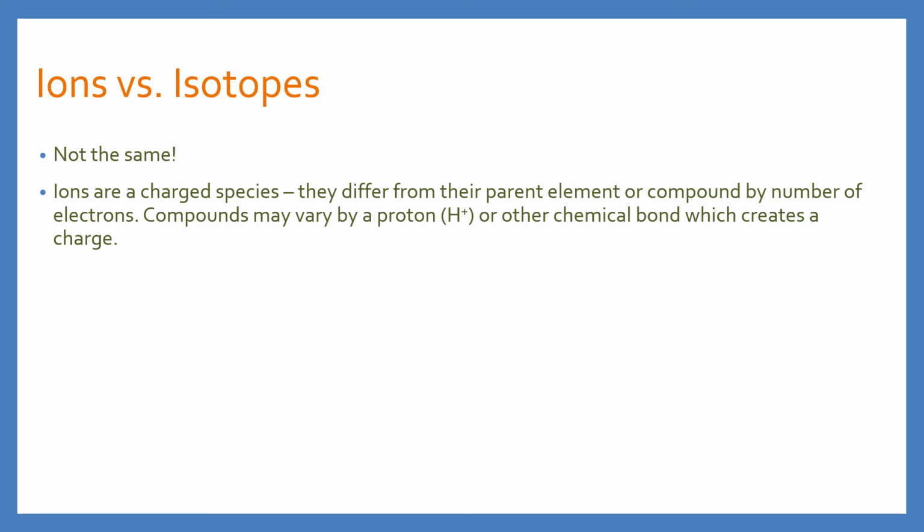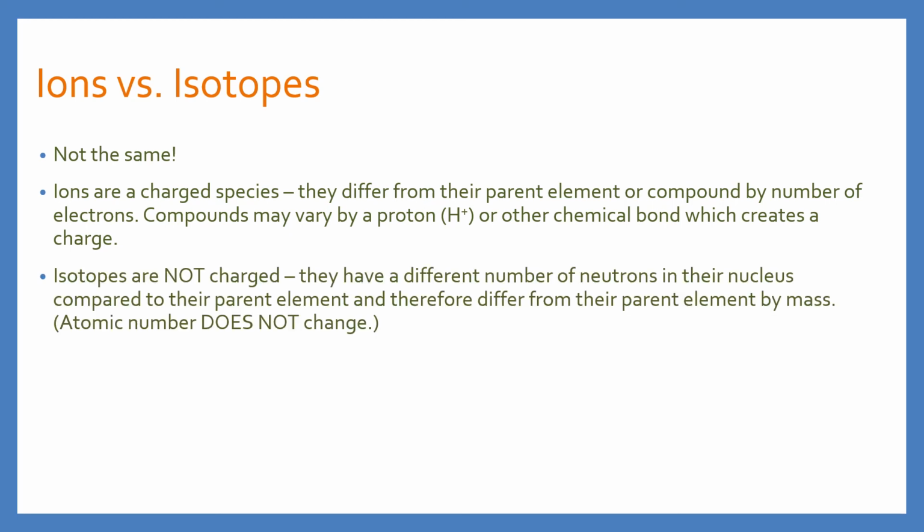Compounds can also be ionized if they vary by a proton or other chemical bond that creates a charge. Isotopes are not charged. These are atoms that have a different number of neutrons in their nucleus compared to their parent element, and therefore they are different from their parent element by mass. The atomic number does not change.